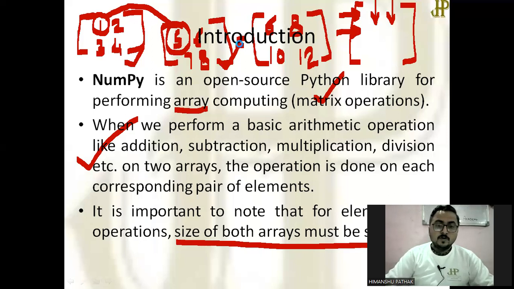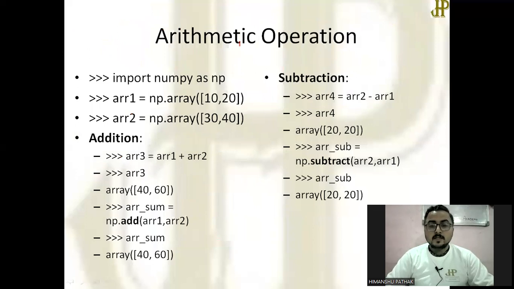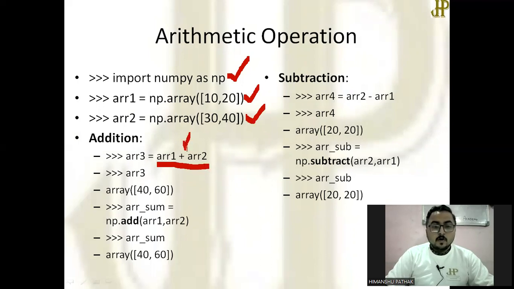So moving on further to do the actual arithmetic operation. In the first line, I have imported the NumPy package. In the second line, I have created array 1, and in the third, array 2. Both arrays are one-dimensional arrays and have two elements each. Now, addition can be done with a very simple thing: use operators like plus.